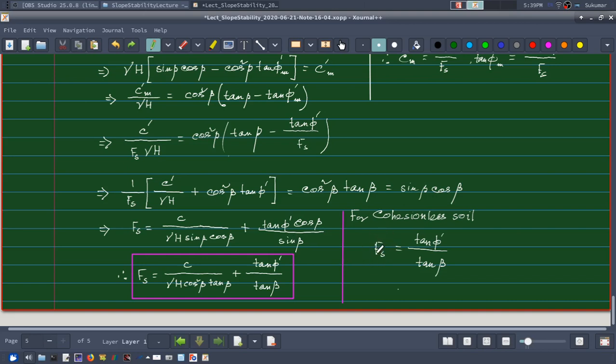Factor of safety to be higher than 1, tan phi must be greater than tan beta, so therefore beta must be less than phi for a safe slope. So this is another important result we have got when the slope is dry.